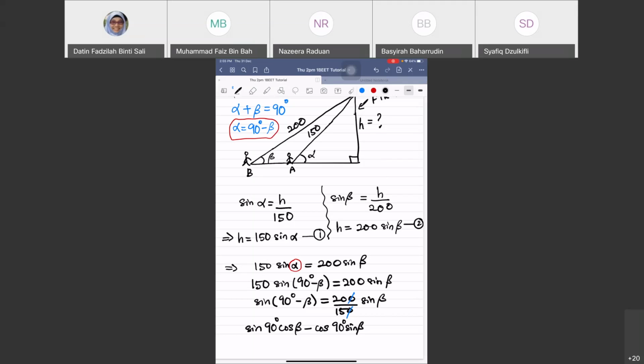On the right hand side, I have my 200 over 150, or if you want to say 4 over 3, sine beta.